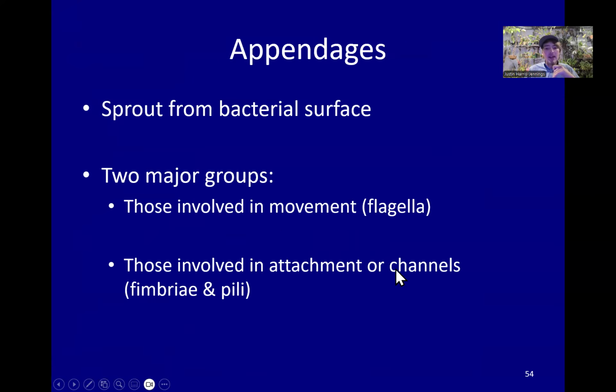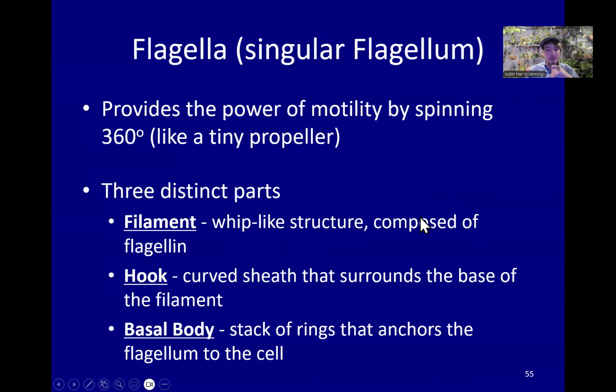And so the fimbriae and pili are good for attachment and transfer, while the flagella and slime layer are good for movement and motility. Again, that slime layer is kind of mucusy, and so it can slide through.